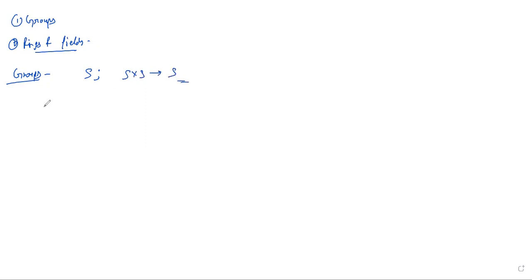We have the binary operators addition, subtraction, and multiplication. These are our binary operators on R. You can see that division is not a binary operator, and the question is why division is not a binary operator.